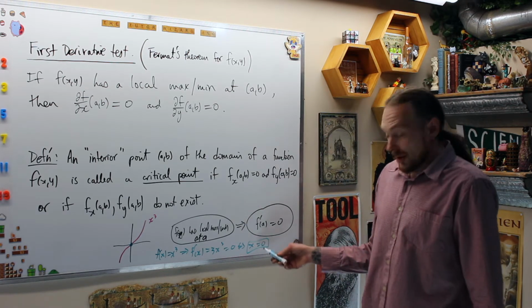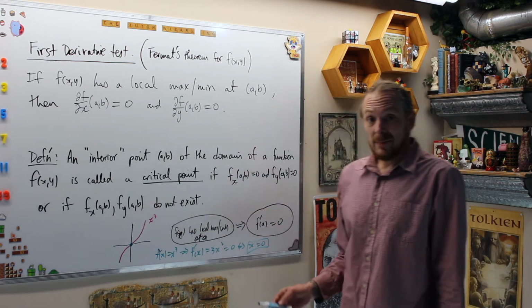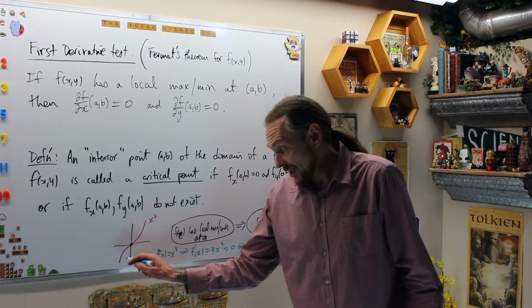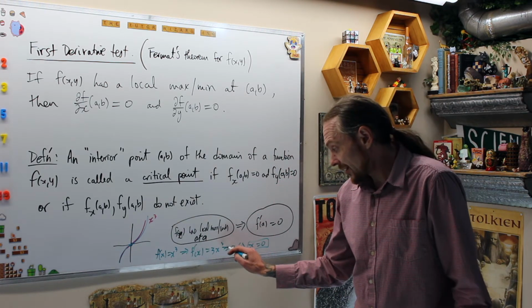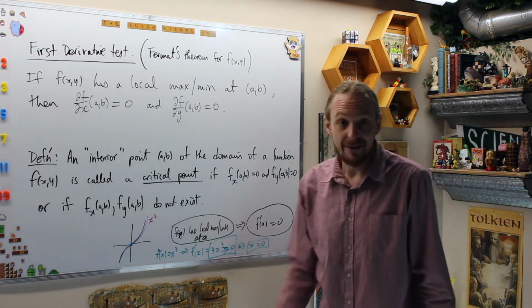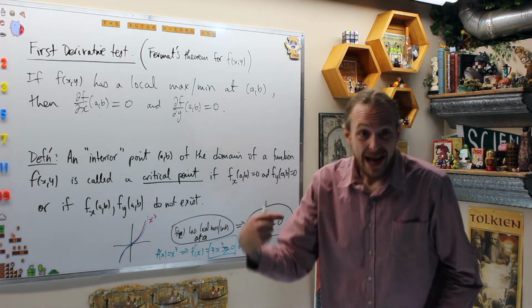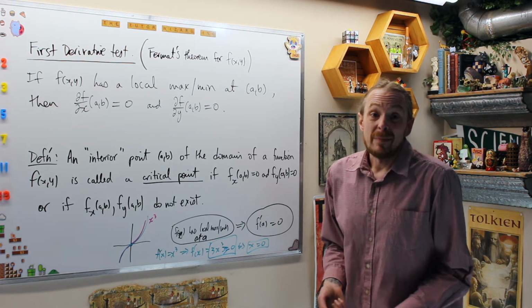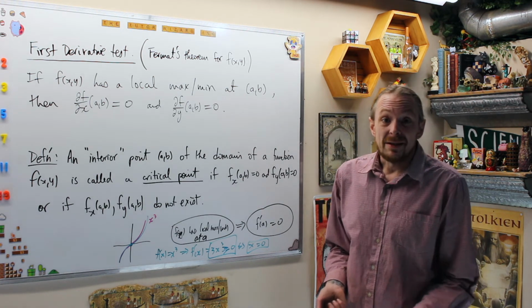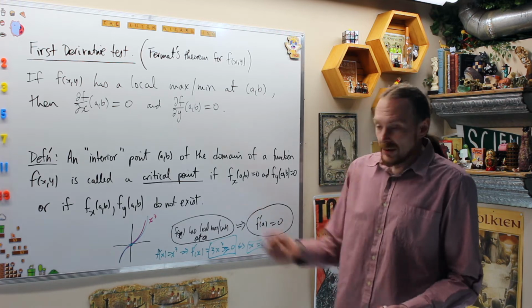So my derivative being 0 doesn't mean I have a local max min there, because when I check, I still see that I'm increasing in and I'm increasing out. Why? Because my derivative is positive everywhere. So when I make a table and actually check, this function has no local max mins, no absolute max mins, and it's monotonically increasing on its entire domain for functions of one variable.